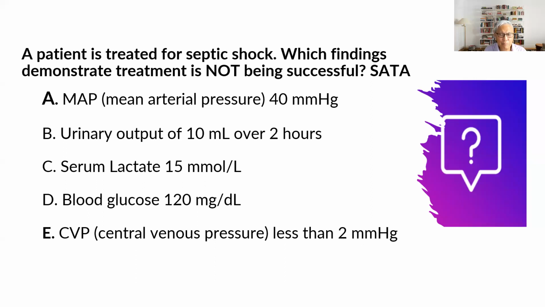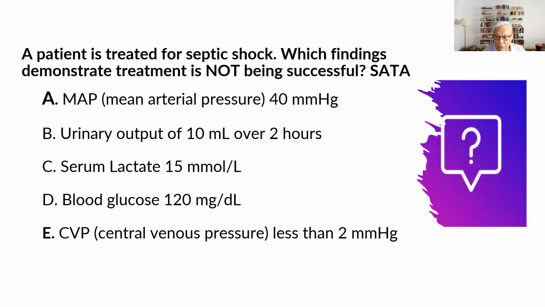What is CVP? Central venous pressure. Just think about the amount of blood that goes back into the right atrium. If you're measuring the pressure that's generated by the volume of blood that returns to the right atrium, this is CVP. Okay? So if your CVP is low, that means you have hypovolemia. If your CVP is high, then your volume is going to be high.